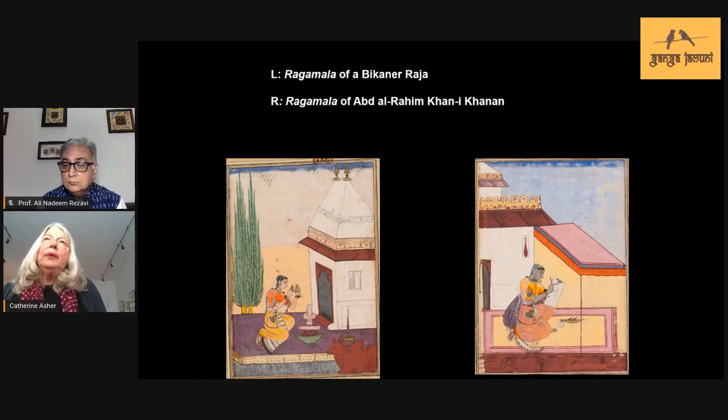Well, first of all, it seems quite amazing that the Khan Khanan would be so interested in a Ragamala. And some people had really wondered if that was the case. But if you look, you can see that the compositions, they are not identical, but they are extremely similar, especially in the case of the female figures.